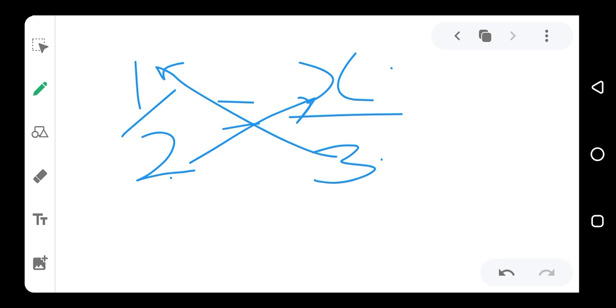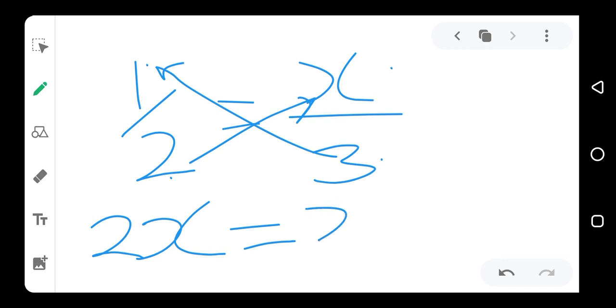This is what we call cross multiplication. So it becomes 2 times x will give us 2x is equal to 3 times 1. 3 times 1 will give us 3.